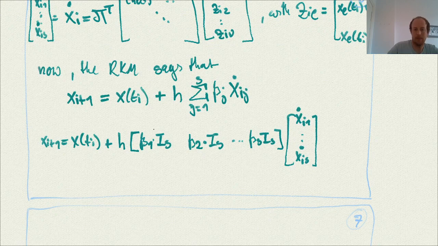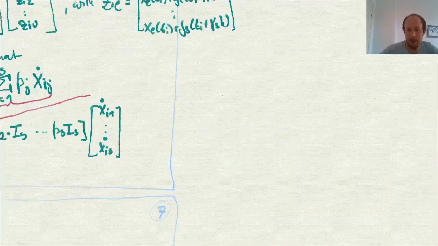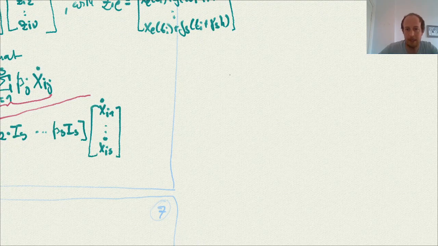Well, multiplication goes like row times column, and what happens is that this will be exactly the sum here. There's nothing changed from here to here. It's just writing a sum. Maybe it's easier to see for vectors as an example.